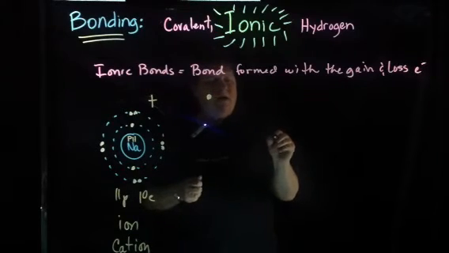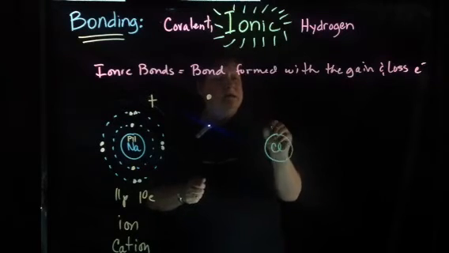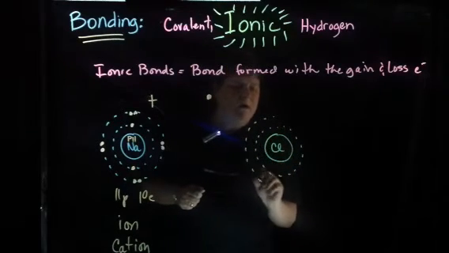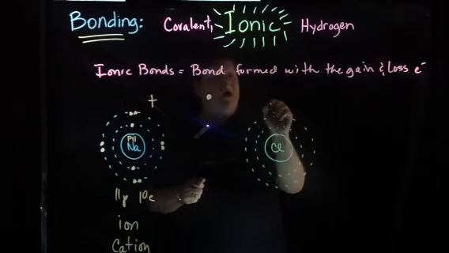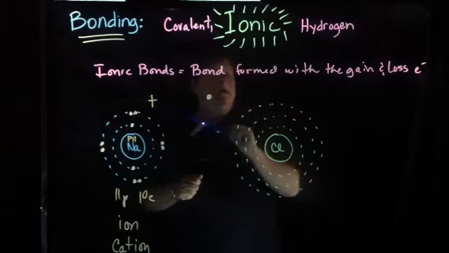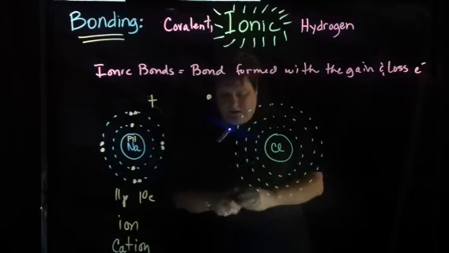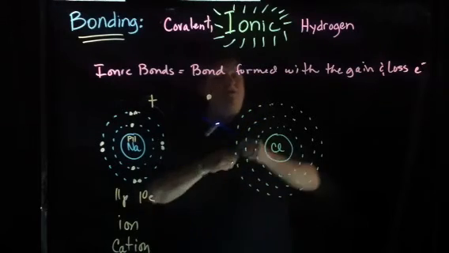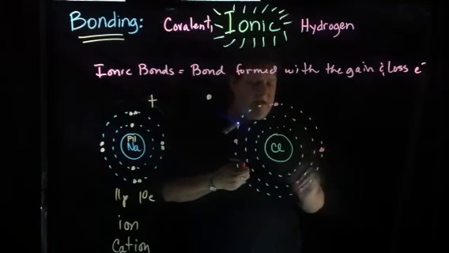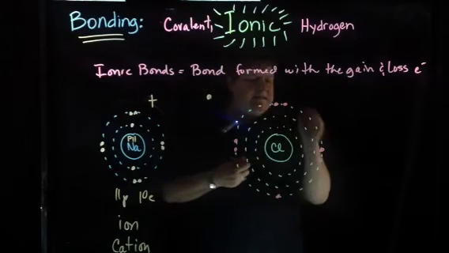And in column 7 we have this atom called chlorine. Okay? Chlorine is also in row 3. So that tells me that I've got 3 orbitals. But it has 7 valence electrons. So I now have 1, 2, 3, 4, 5, 6, 7.